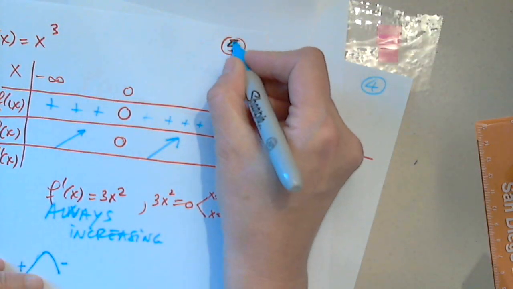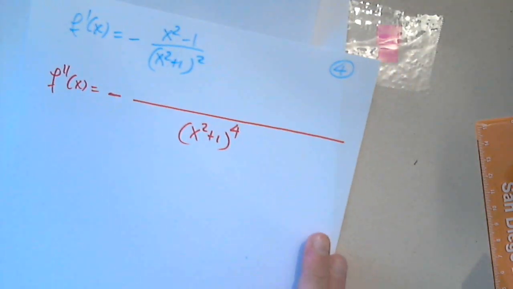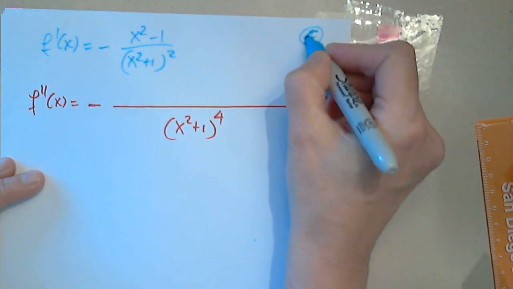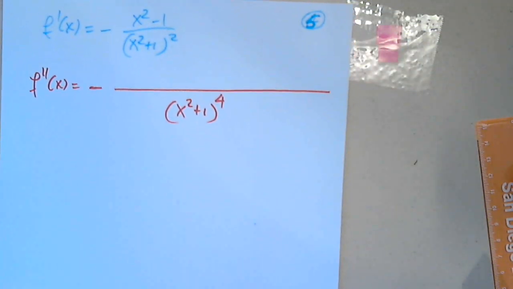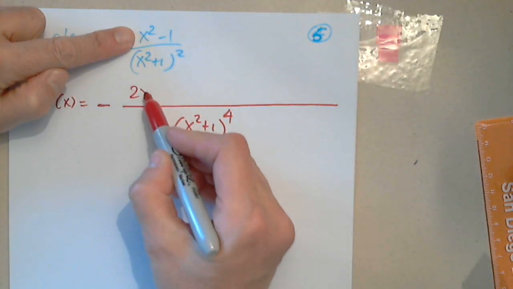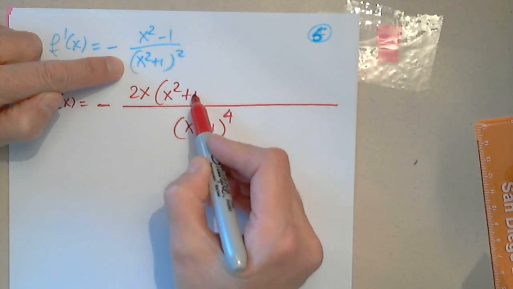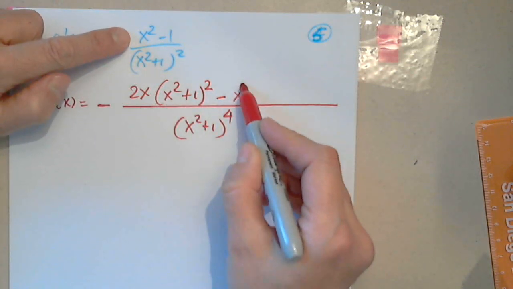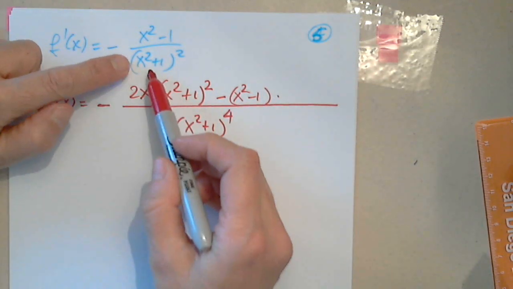I think I'm going to make this one 4. And I'm going to make this one 5. Okay. So, where was I? So, the numerator prime is 2x times the denominator minus the numerator times the denominator prime.